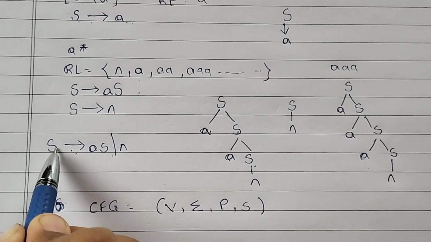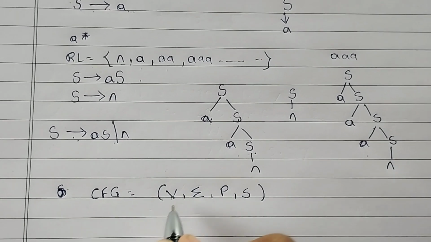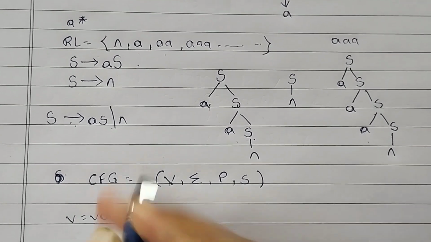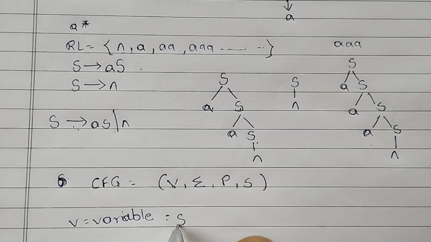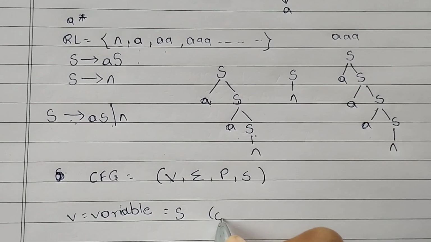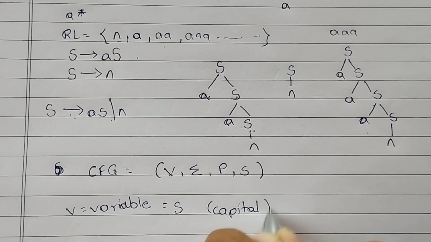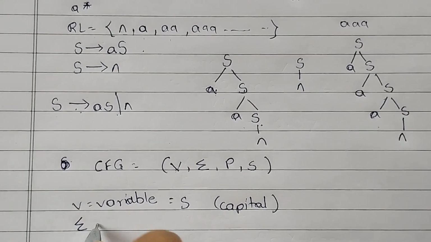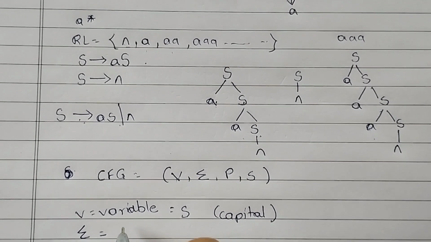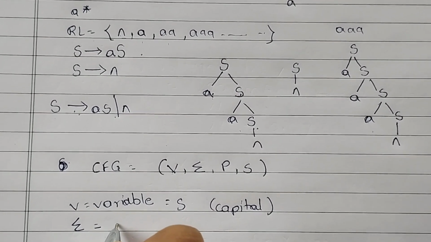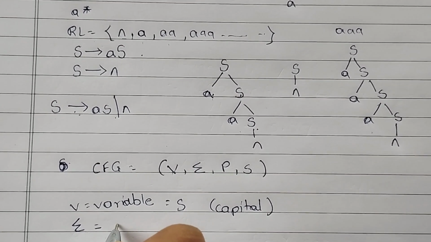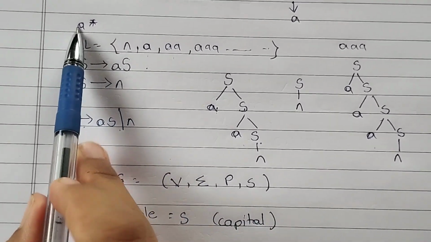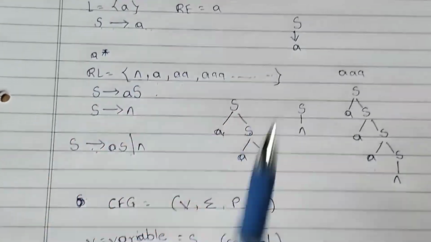So here S is the capital, and in this case the variable is S. This variable is always in capital, all the capital letters are written in V. Now this sigma means small letters, or we say these are the inputs. So our input is A star, here the input is A.